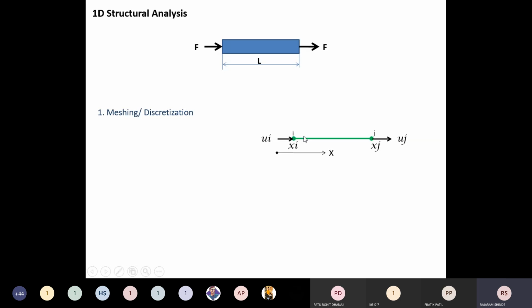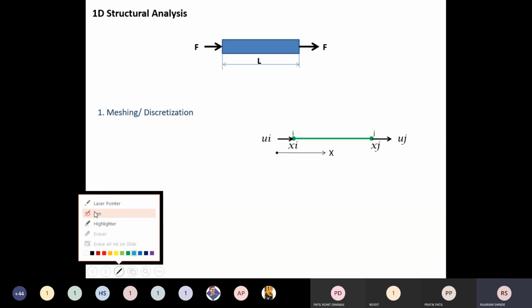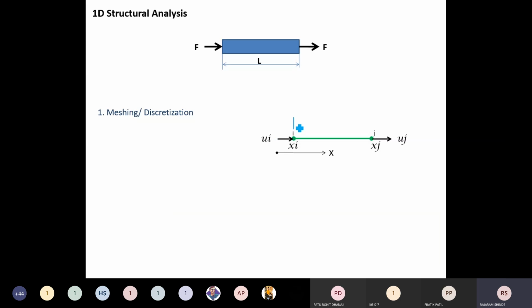Now while using this one element, we are developing this in a coordinate system. We are meshing that geometry in a coordinate system. This one dimensional element has two nodes, and node number 1 is at the location xi and node number 2 is at the location xj, and the distance between xi and xj is the length of the domain, that means xj minus xi is the length of the problem.